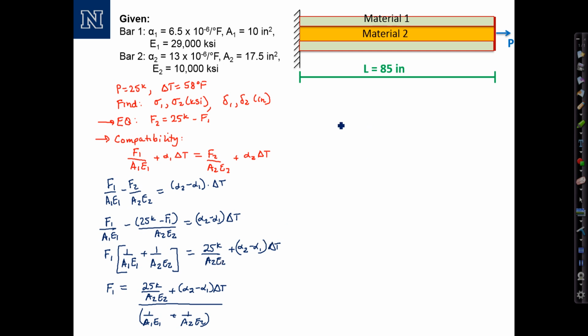Now I'm ready to substitute in some of my numbers, so I'm going to continue calculations over here. F1 equals, let's pay very close attention to units here.